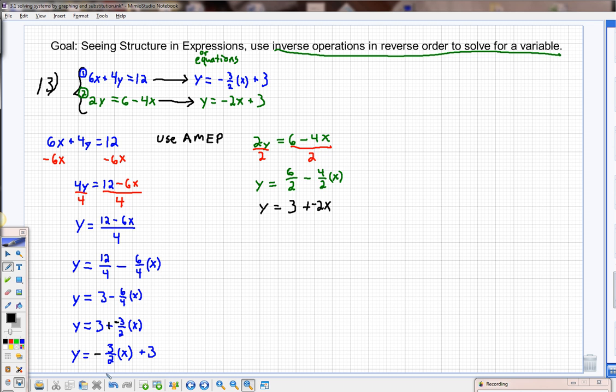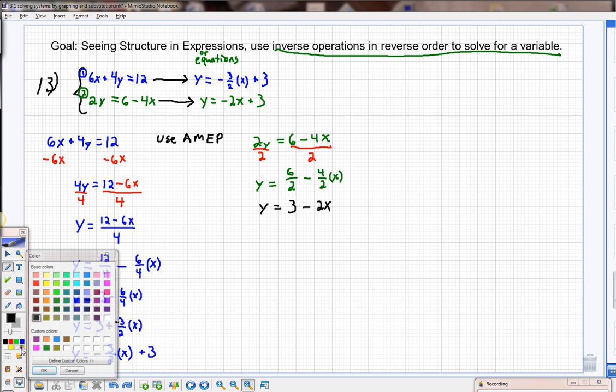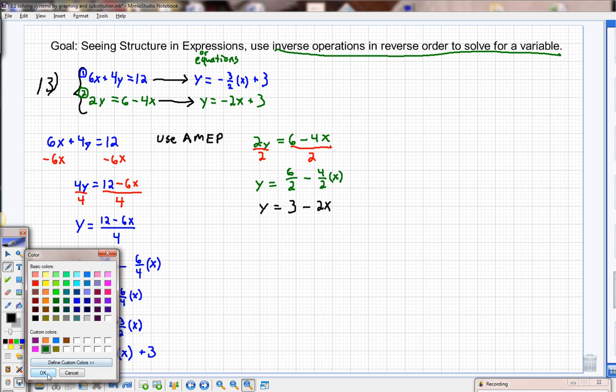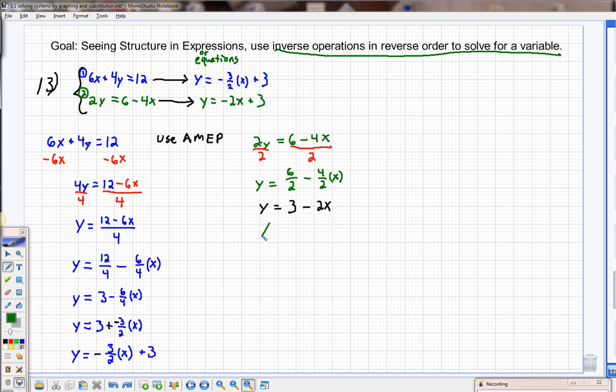Now, you're thinking that in your head, and you're going to show me that you know that by writing out the next step. So the next step is y equals negative 2x, and then plus 3. Why the plus, you say? Because 3 is positive. 3 is not negative there, so I just say plus 3.